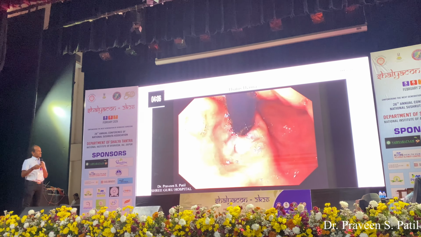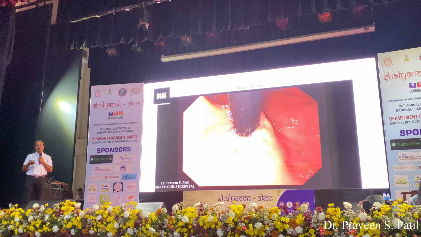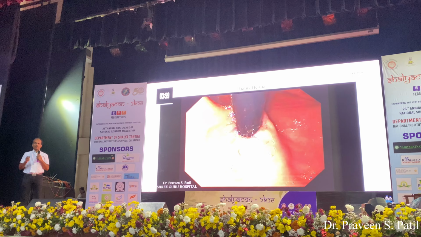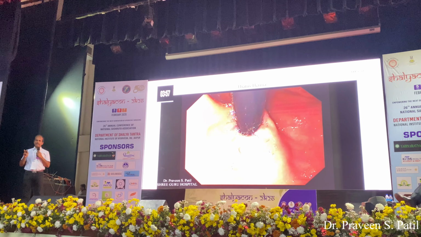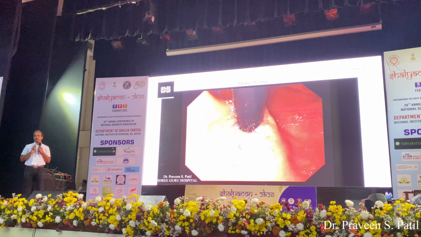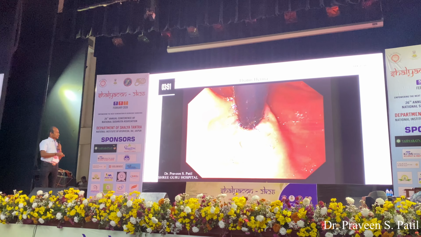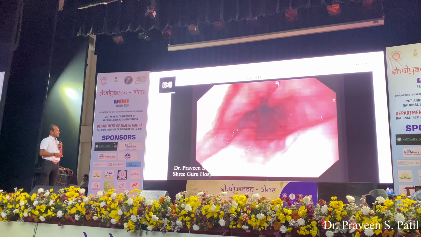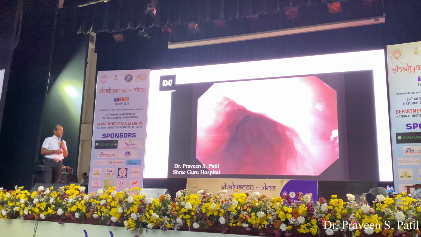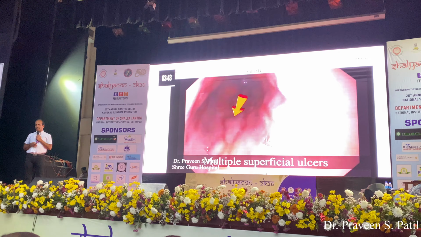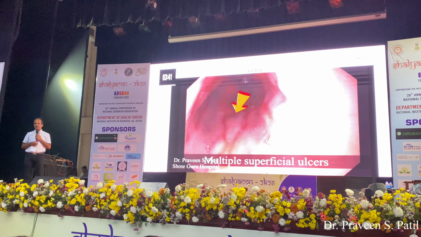See, the first three classifications, Hill's grade 1, 2, 3, are just LES. Only the fourth is said to be a hiatus hernia, and we know the sliding hernia is the most common rather than the paraesophageal. So in GERD, here you can see superficial linear erosions in the lower end of the esophagus.